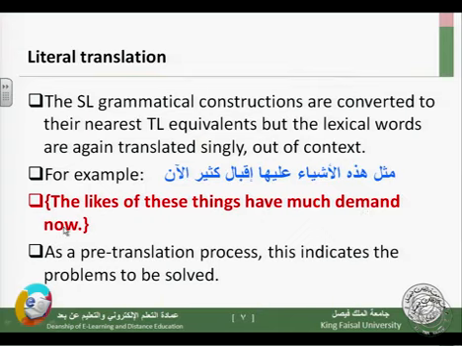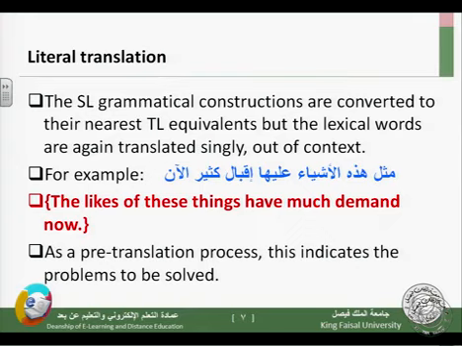Now, the likes of these things have much demand now. Again, the native English speaker would frown at it. He'd say, okay, what do you mean? So it's not clear either, but this is a literal translation.